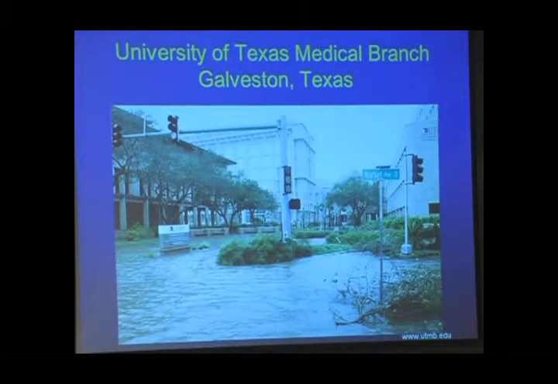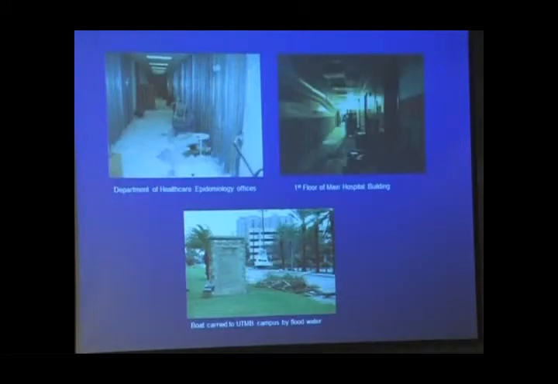The University of Texas Medical Branch at Galveston was also affected. This looks very much like Dr. Anucha's picture of Thammasat. That's why I talked to Dr. Mayhall extensively about this. You can see some pictures that they were kind enough to provide, and you may recognize them. They don't look that different from probably many of your hospitals in terms of the amount of damage.